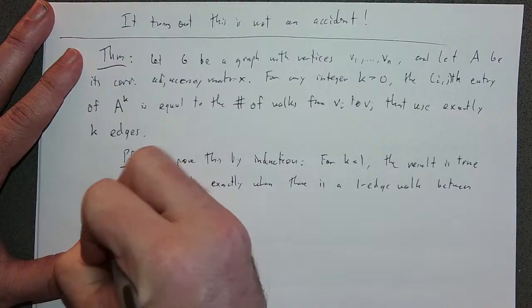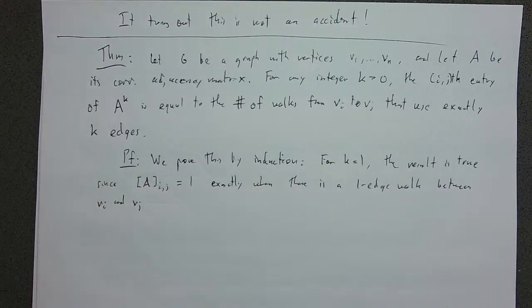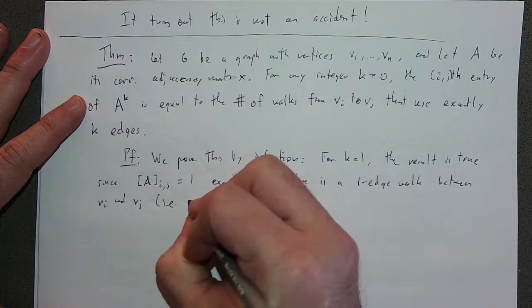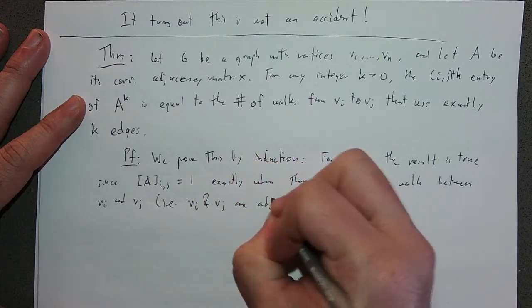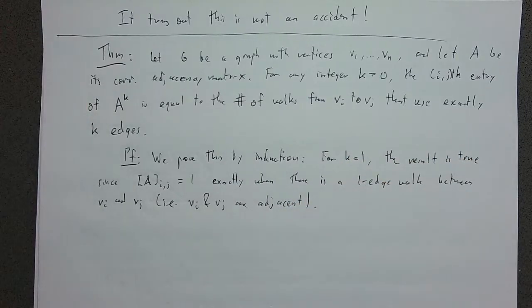We don't have to worry about the number of one-edge walks here, because we're dealing with a finite simple graph, so there's no other option, right? That is, Vi and Vj are adjacent. Okay, so that's mostly true just by definition of the adjacency matrix.